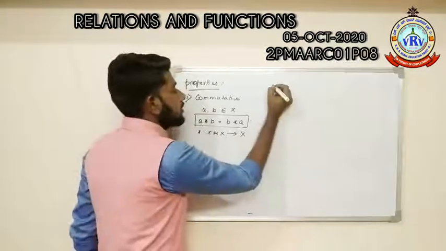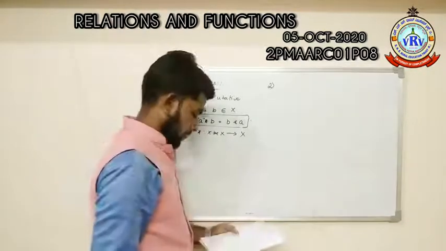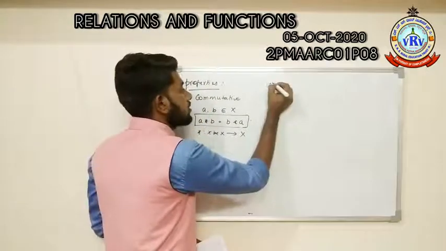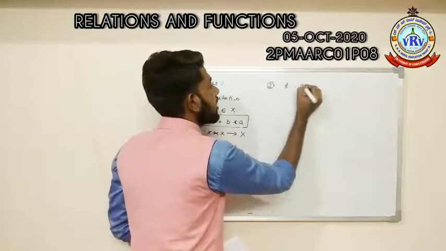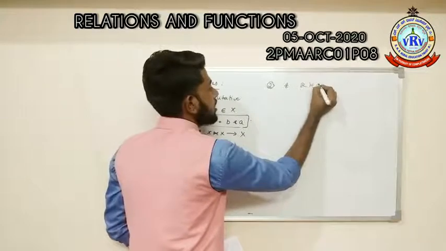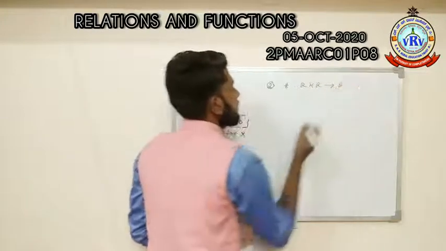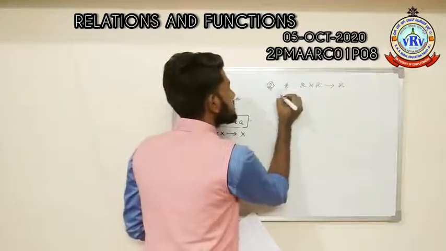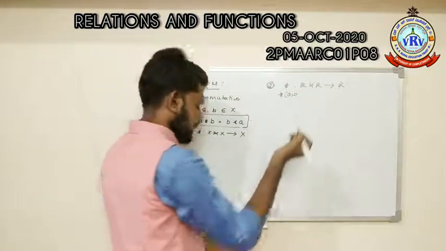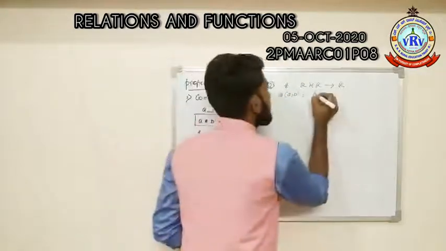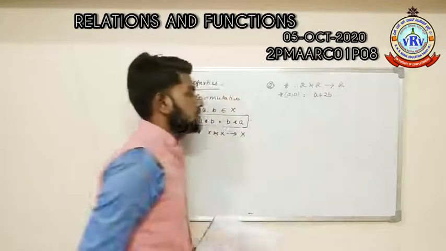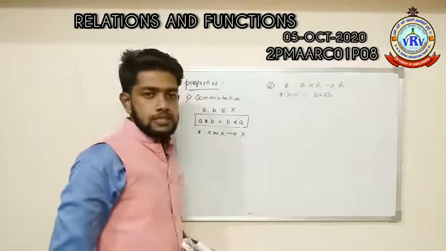The next example, second example. They are given one operation, star, a binary operation, which is defined as A star B is equal to A plus 2B.